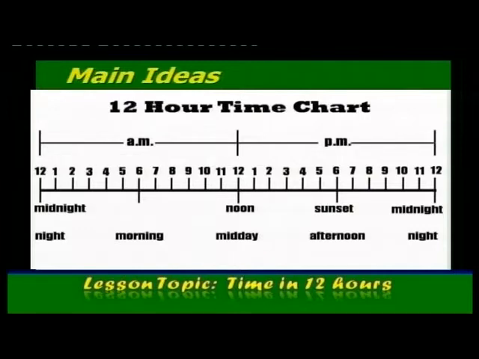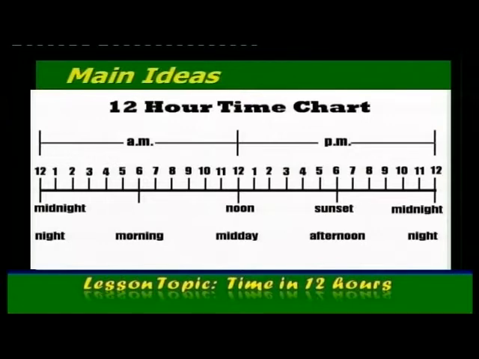AM is usually the morning part of the day, and PM is usually between afternoon up till night. So, AM and PM, when you are telling time, you will come across them.